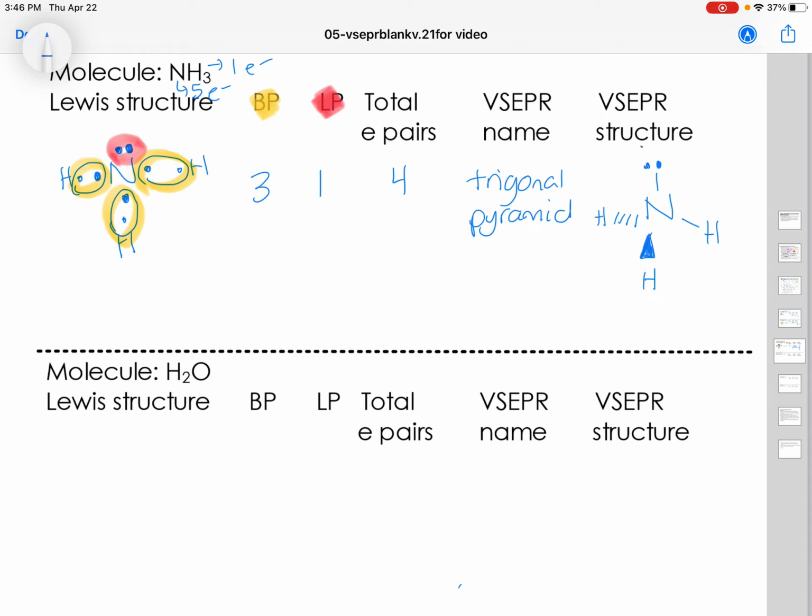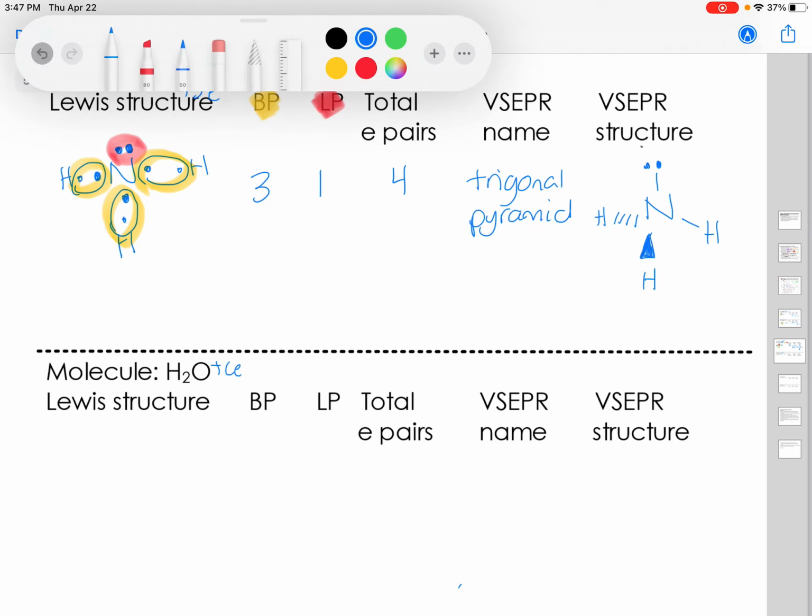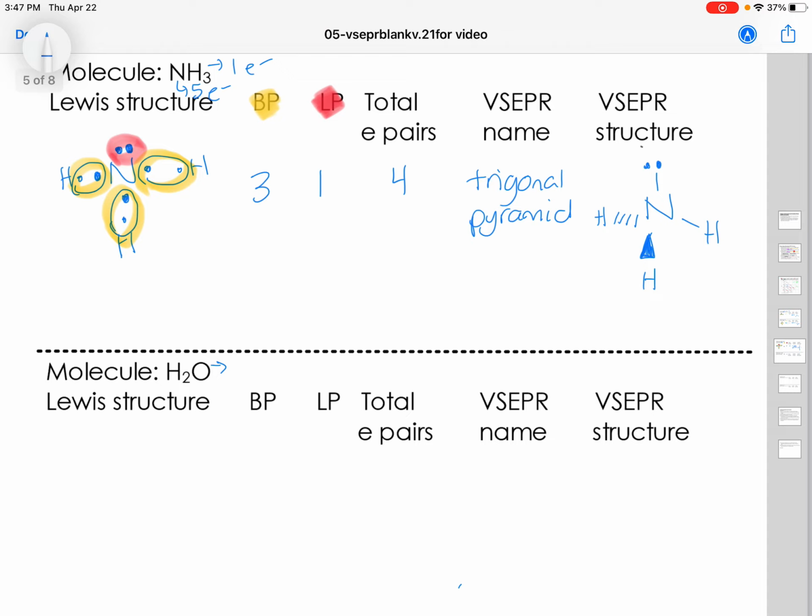Okay? Remember, water is a weird structure because oxygen is going to be the central atom. But it's the only case that's weird with hydrogen first. Oxygen has 6 electrons. Hydrogen has 1.